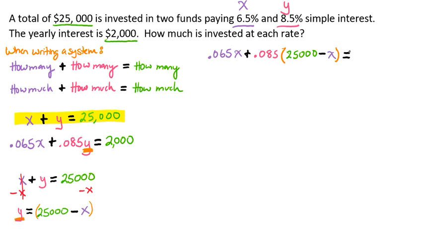And that all equals 2,000. From here, we're going to distribute our 0.085, so we get 2,125 as our answer here.